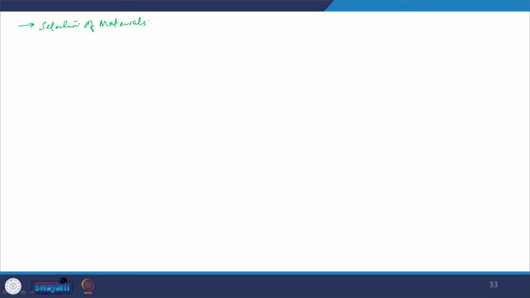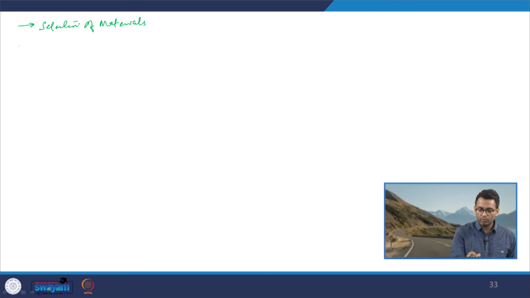So, with this, let us very quickly recap some of the points we have learned during the past few presentations, as we are concluding today on the volumetric concept, which I said is the backbone of the mix design process. Very quickly, we have discussed the selection of materials, which means selection of binder and aggregate based on their properties.